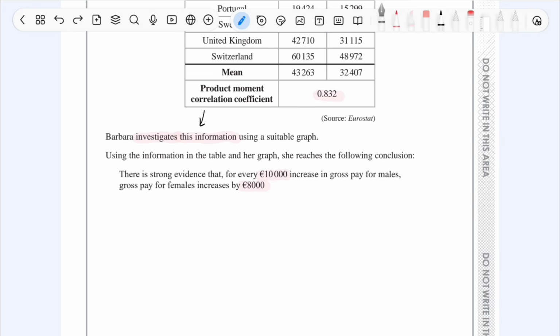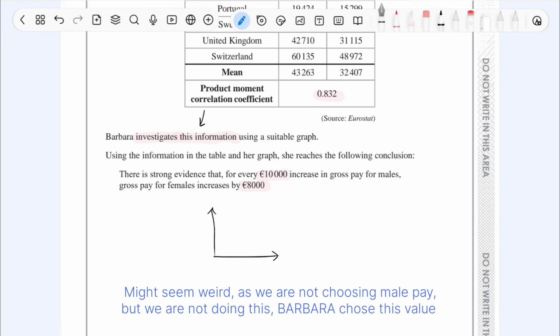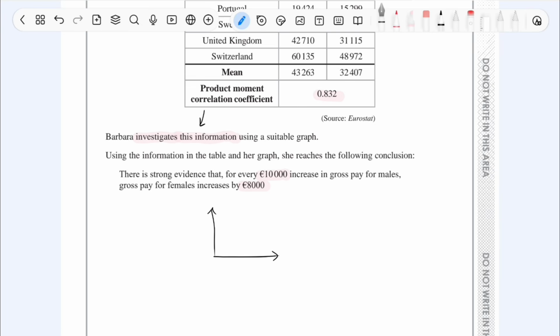So basically, the independent variable always goes on the x-axis, correct? The independent variable is the one we're changing, or the one that we control. The idea is that we're controlling what the pay was for the males, which was 10,000, and we were seeing what the response was in the dependent variable, and that was for females. So the females would go on the y-axis, and the males would go on the x-axis.